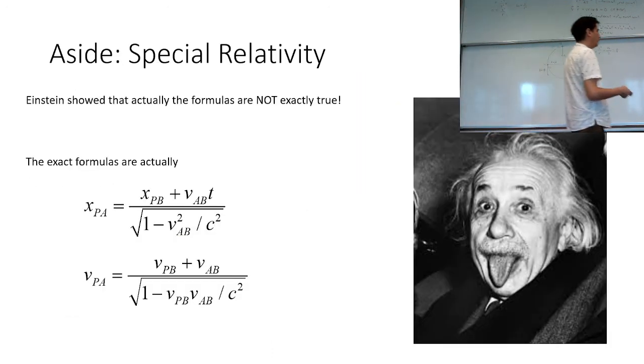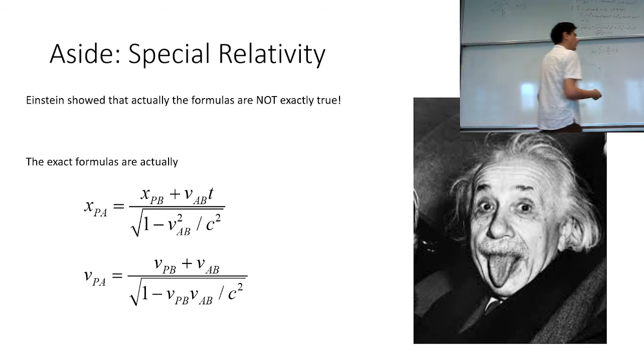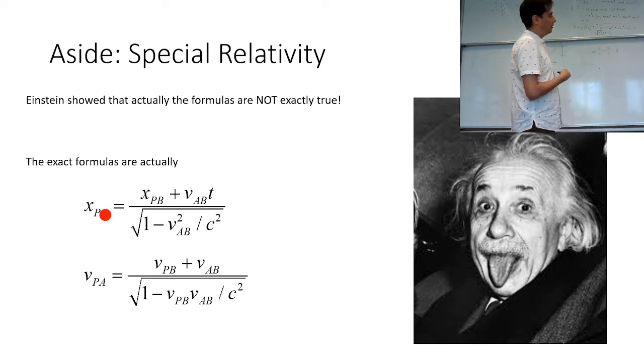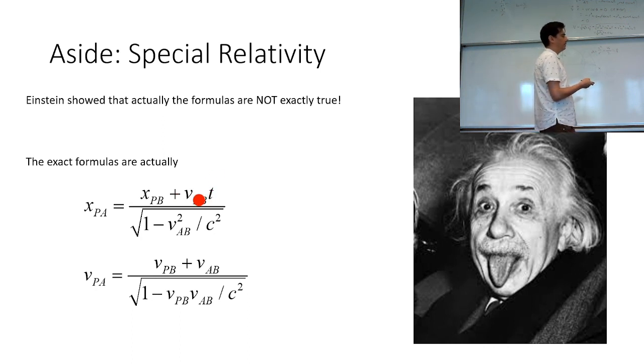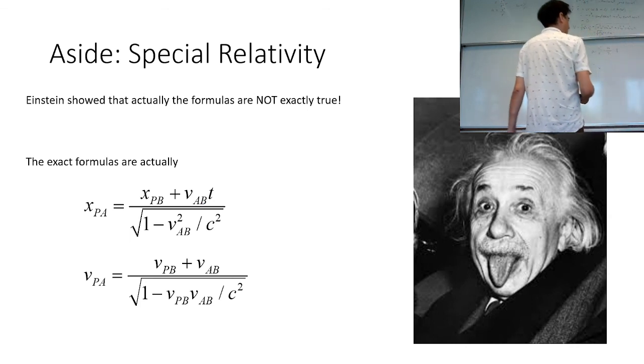If you were to try and take relativity into account, then the exact formulas would look something like this. The top part of this is basically the same. This is the position of the point in frame A, this is the position of the point in frame B, and this is the velocity of the two frames, so this is velocity times time.